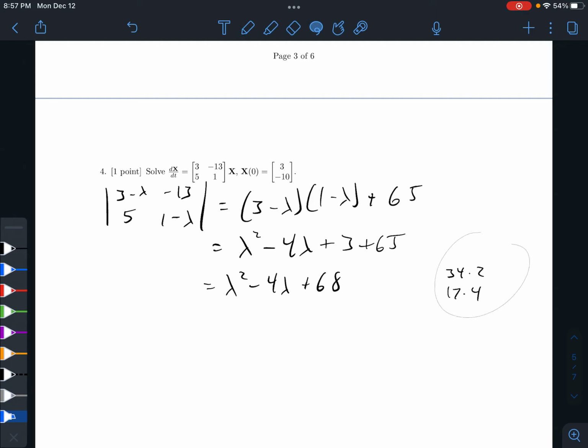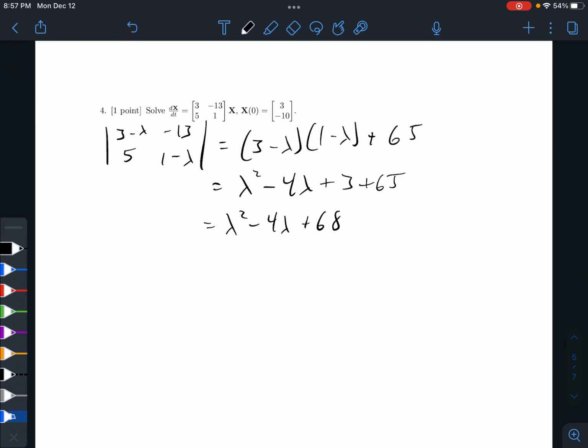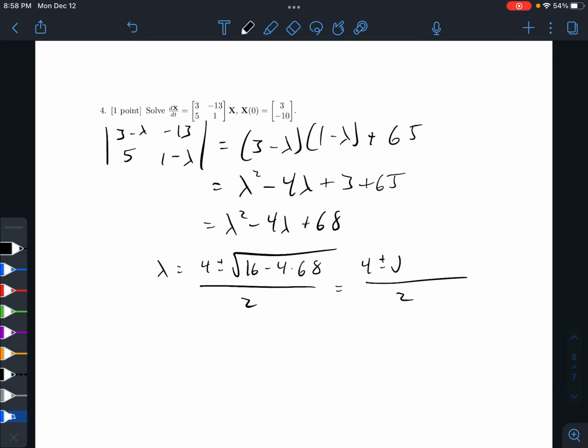Well, maybe we have to do the quadratic formula for this. I wrote this like a week ago, I already forgot how it works out. If I do the quadratic formula, I get lambda is equal to negative b plus or minus the square root of b squared minus 4ac, over 2a. So if this discriminant works out nicely, then I think we'll be in good shape.